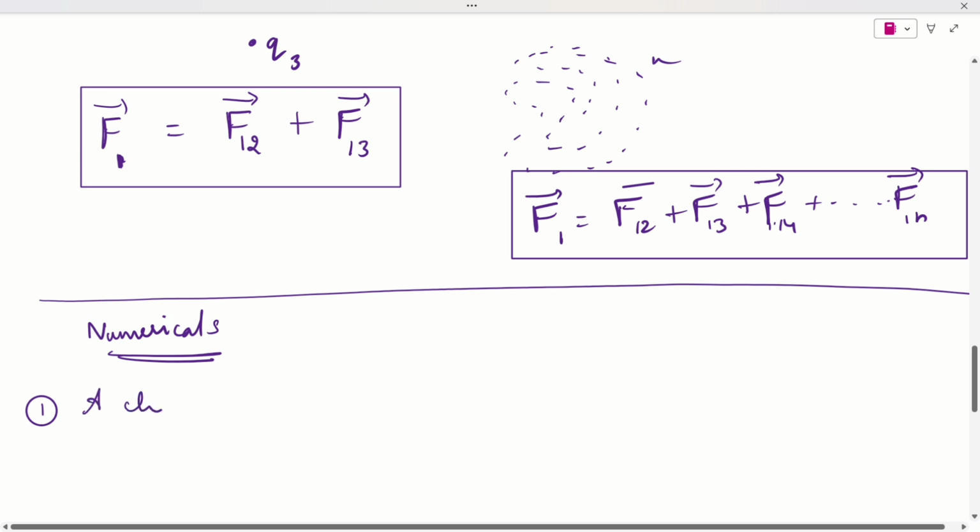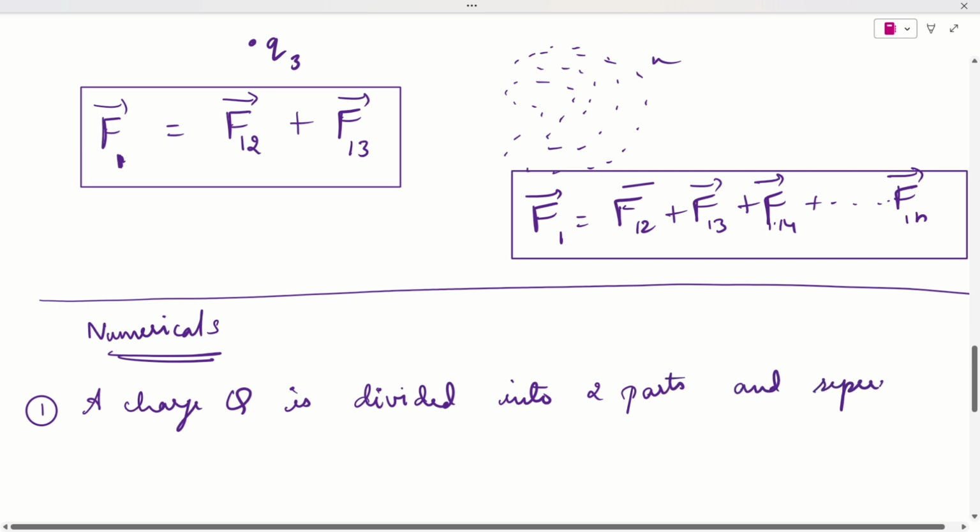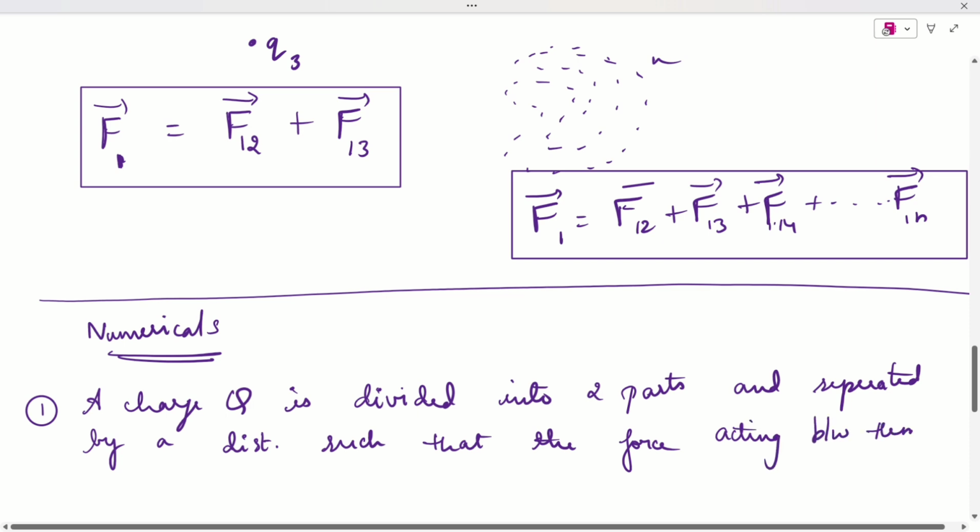A charge Q is divided into two parts and separated by a distance such that the force acting between them is maximum.